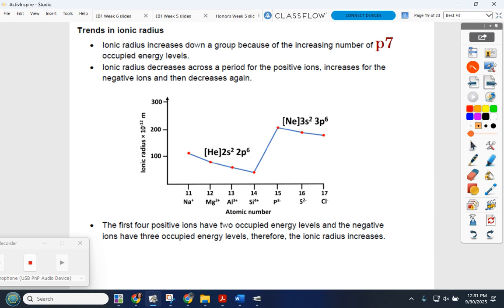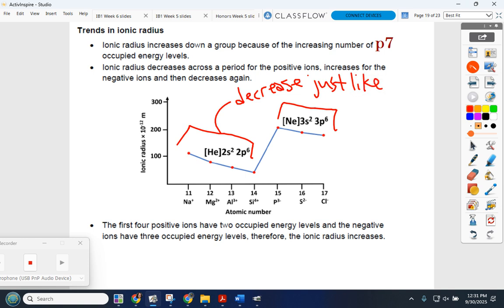So here and here, we're seeing the decrease just like the atomic radius because of increasing effective nuclear charge.